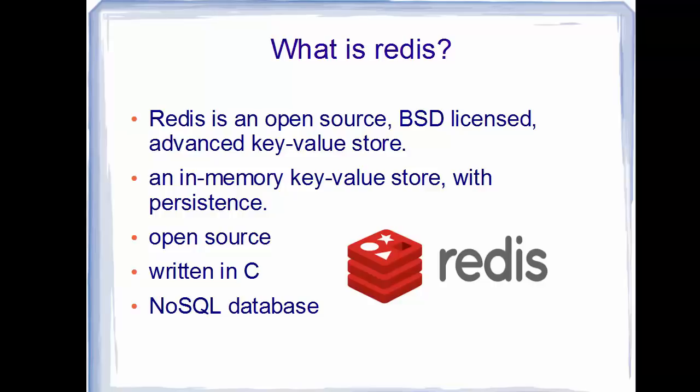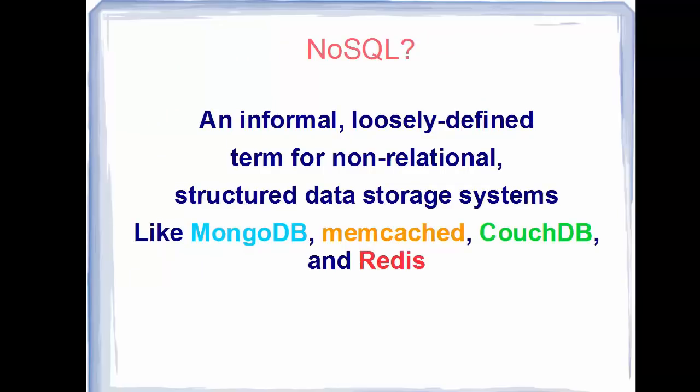Now I already said that it's BSD licensed, that means it's open source. Redis is written in C and it's a NoSQL database. Now what is NoSQL? NoSQL is an informal, loosely defined term for non-relational structured data storage systems like MongoDB, Memcached, CouchDB, or Cassandra.